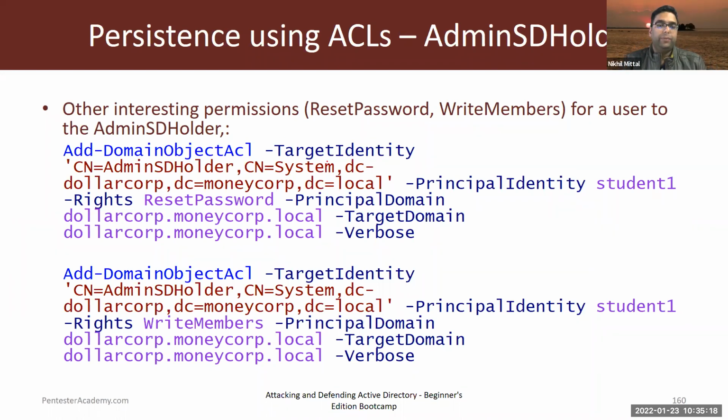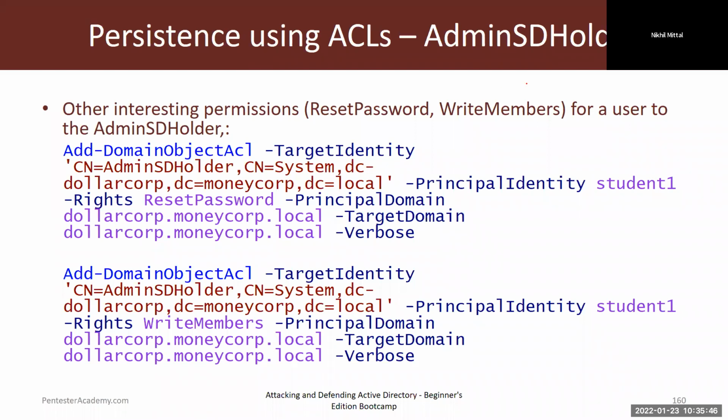Now, what other permissions can you use here? In place of full control, I mean, full control is fine, but that is not something that we should be after all the time. Whenever we talk about ACLs or any sort of permissions, go for the minimal permissions that you would require to achieve your target.